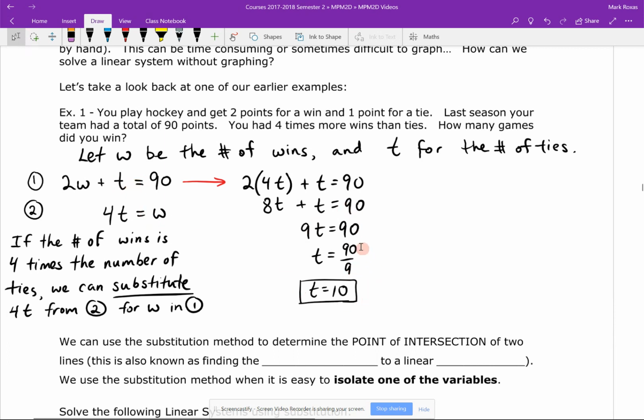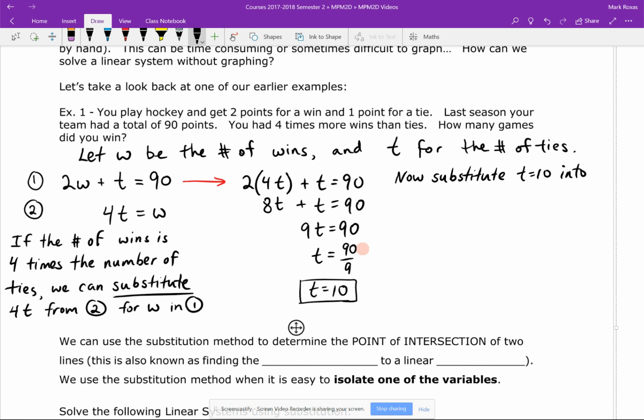So we're going to say here now substitute t equals 10 into either equation to determine w.